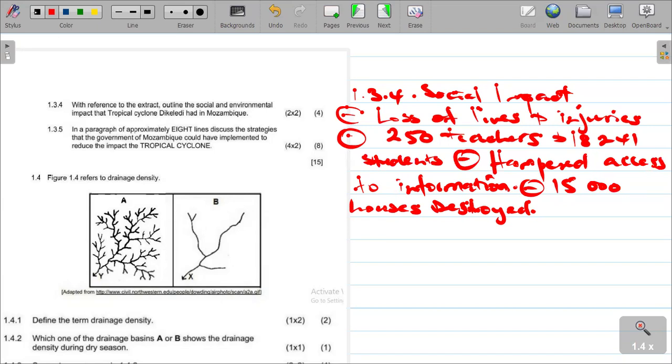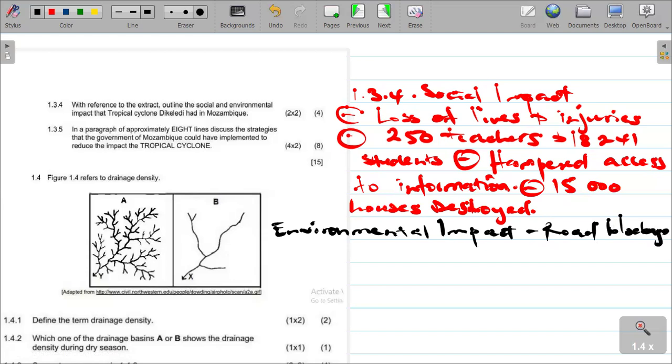We also maybe need to look at the environmental impact that we have in this case. I want to talk about road blockages, the blockage of roads.